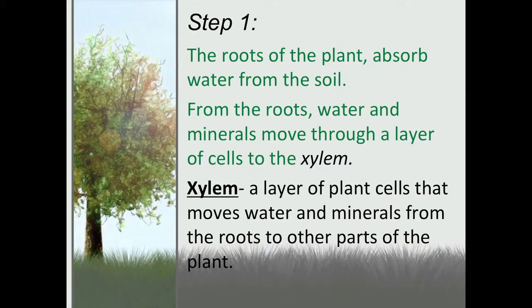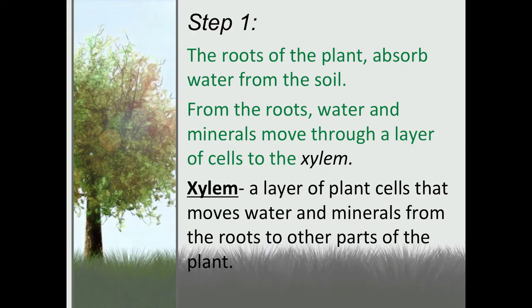The scientific definition: xylem, a layer of plant cells that moves water and minerals from the roots to other parts of the plant. Again, xylem are like small drinking straws located in the roots, in the stem, in the leaves, in every last part of the plant, because they're responsible for transporting water.